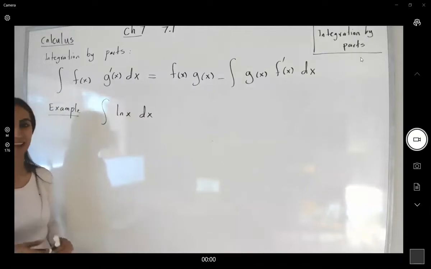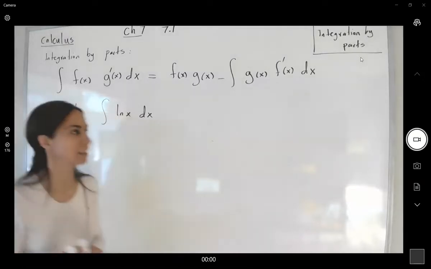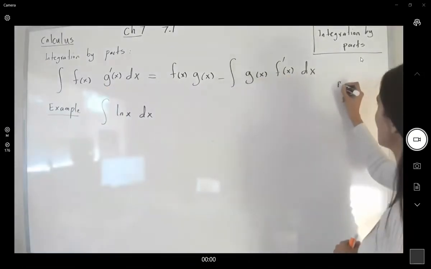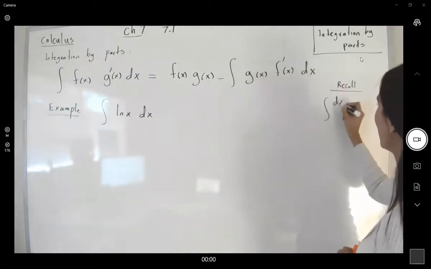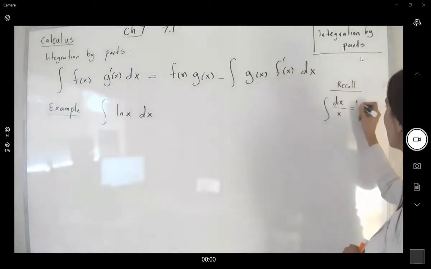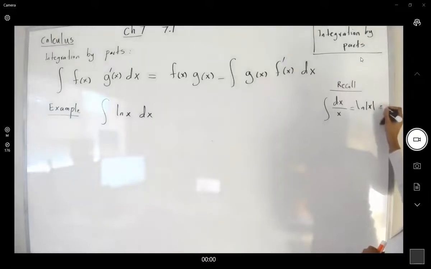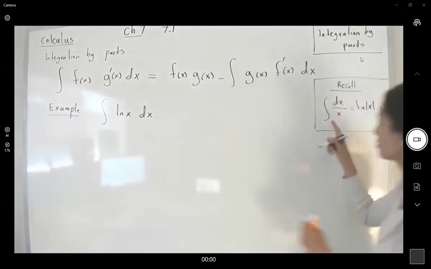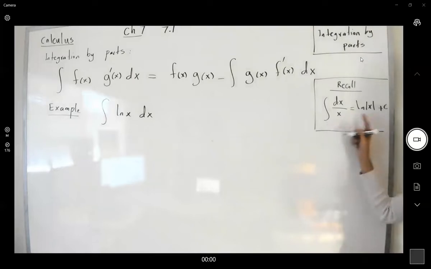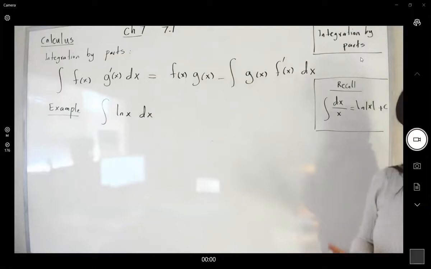Remember, this guy is the integral of ln. Recall that what we learned before is the integral of dx over x is ln of absolute value of x plus c. Do not confuse this integral with the integral of dx over x. This guy says, hey, what is the integral of ln of x?